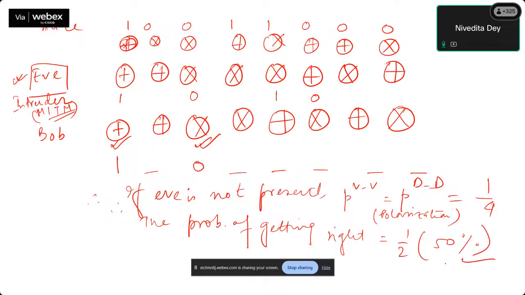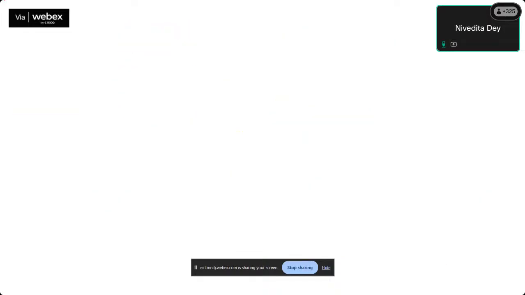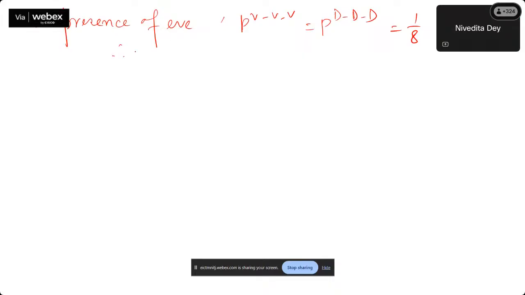We have seen that it's 50%. But in the presence of Eve, the chance that the polarization of all these will be the same is 1 by 8, right? Therefore the total probability will be 25% instead of 50%.